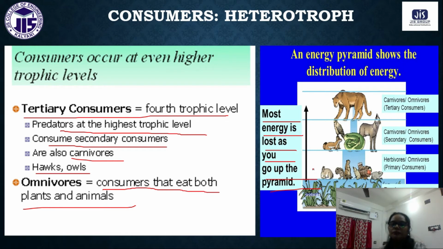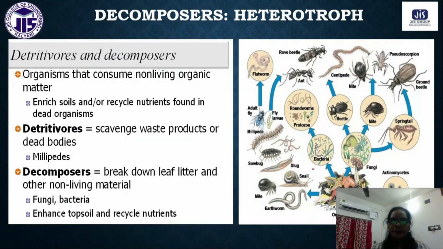Okay, loss of energy you can see. Next we will discuss the detritivores or decomposers. There are so many decomposers in our ecosystem which can decompose organic waste.